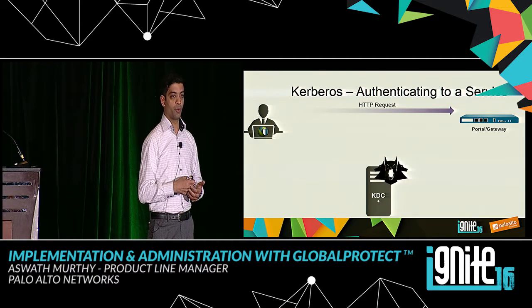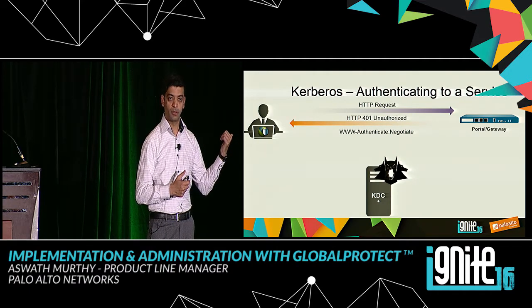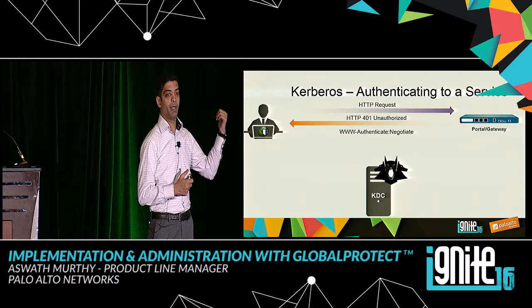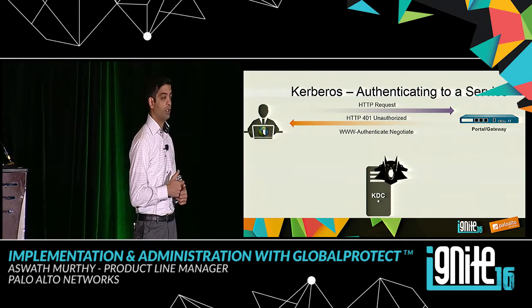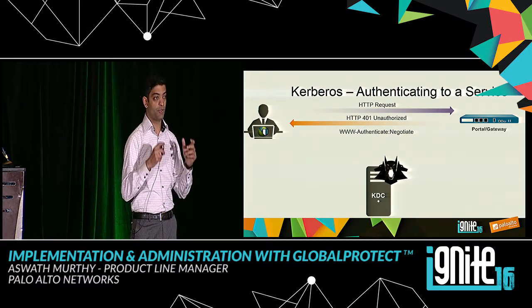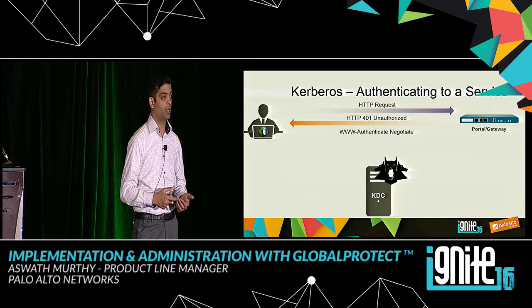The client will make a request to the portal or to the gateway and say, hey, I want to connect. And the portal or the gateway is going to come back and challenge this client to authenticate. Now, this is coming back as a 401 HTTP, and it comes back with the authenticate header, and it says you must negotiate this, and we're not expecting a username and password in this case.